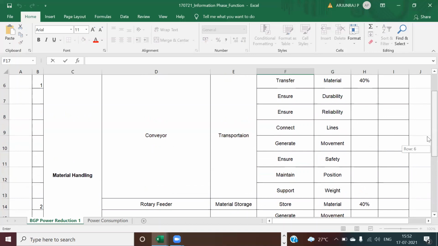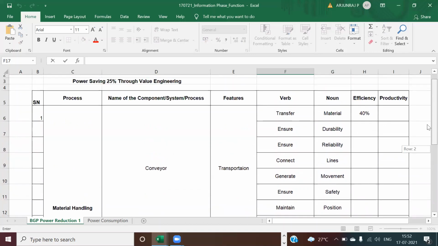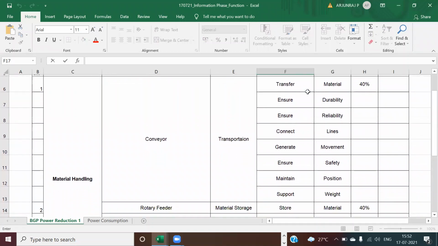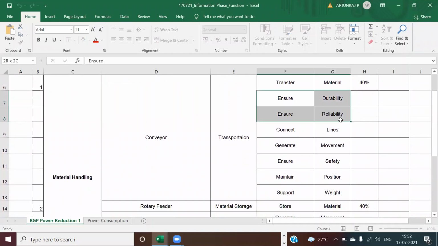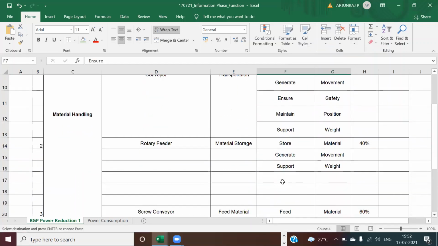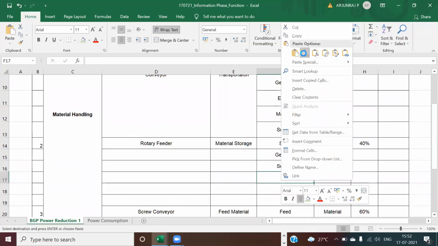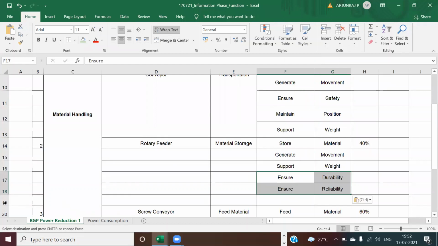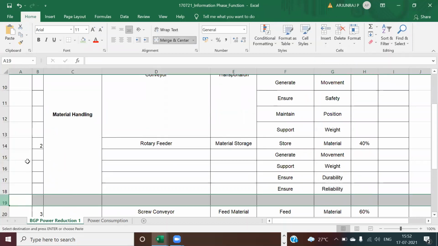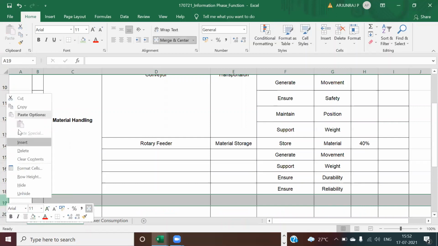Some of the functions will also get repeated, so you just look into it. Generate movement also repeats. It is not necessary to include everything, and if something is repeated, that is okay, but the primary thing is very important.